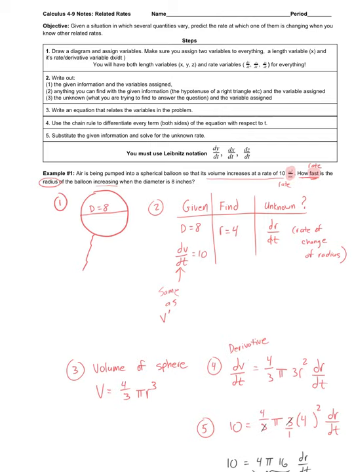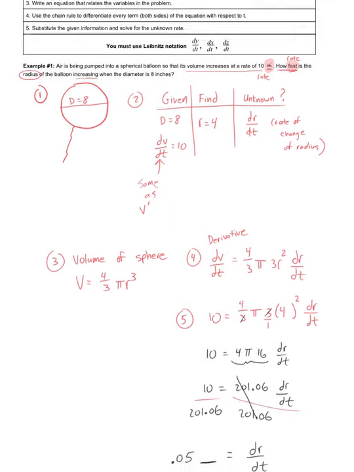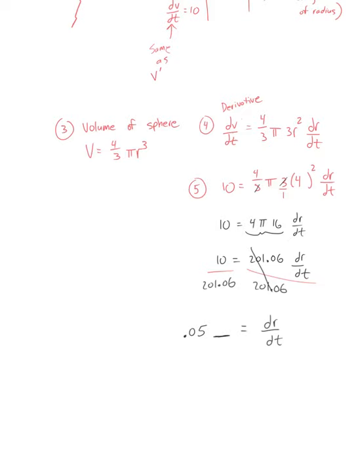The radius is just a length, so it is just inches per second. We know that the rate of change of volume, dV/dt, was inches cubed per second, because volume is cubic units.